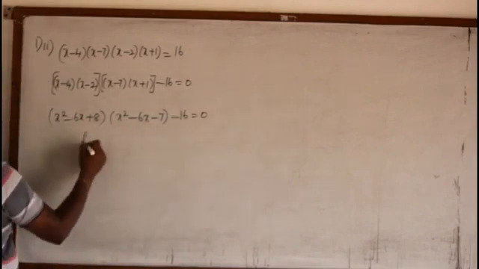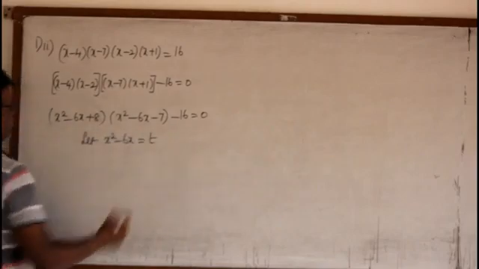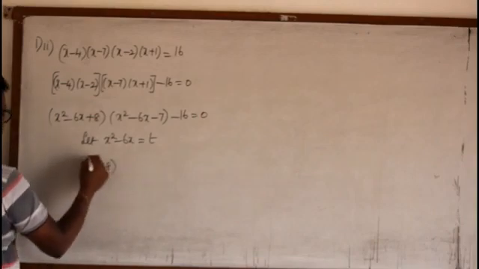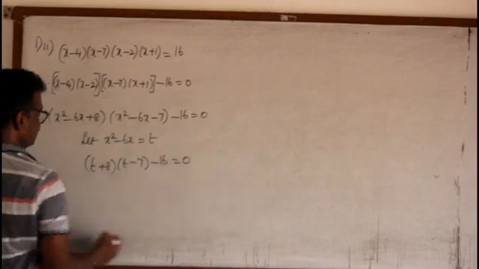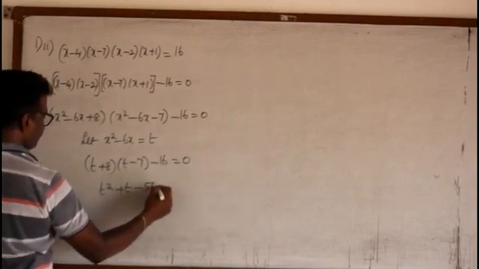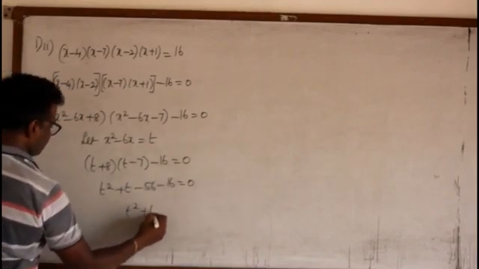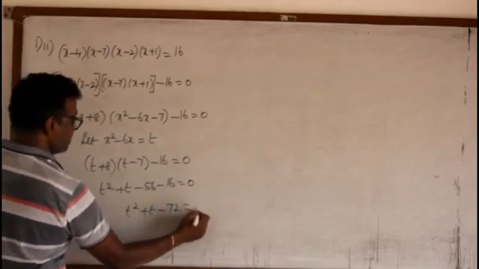Now x square minus 6x is repeated, so let me take that one as t. Then it is (t plus 8)(t minus 7) minus 16 equal to 0. It is t square plus t minus 56 minus 16 equal to 0. It is t square plus t minus 72 equal to 0.